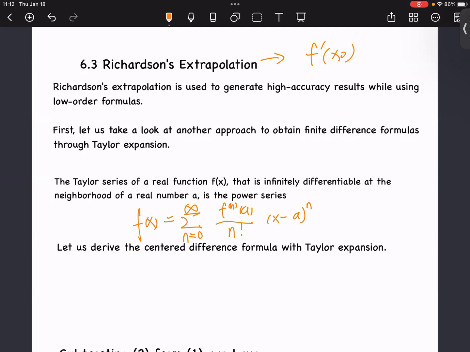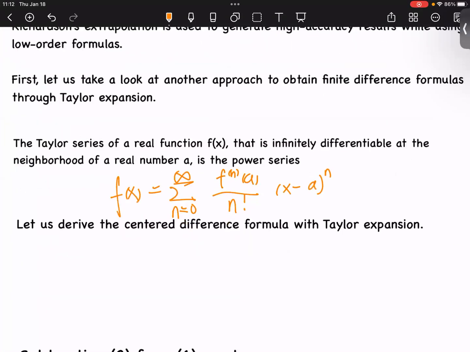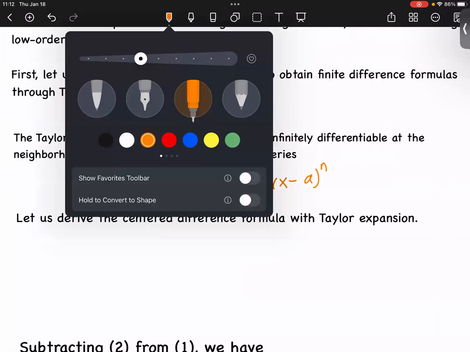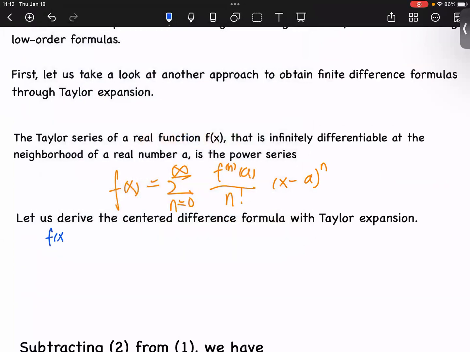So let's see what we have here. We have f(x0 plus h). I'm going to use this Taylor series here for this one, and I am replacing the x here with x0 plus h. The a here is taking x0, and the x here I'm taking x0 plus h.